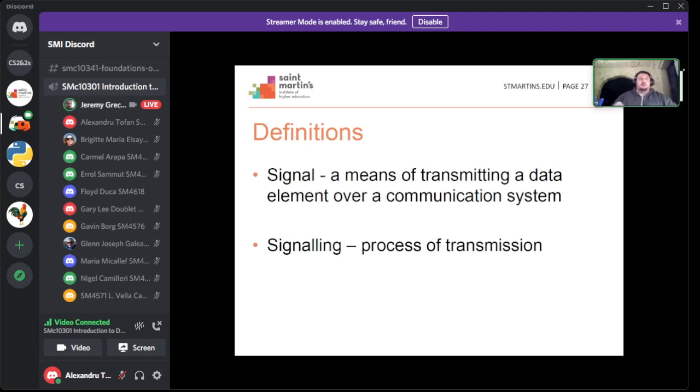All of these different methodologies, if you will, of sending signals will depend obviously on the medium that you're going to be using in order to send your data. Any questions up to this point?